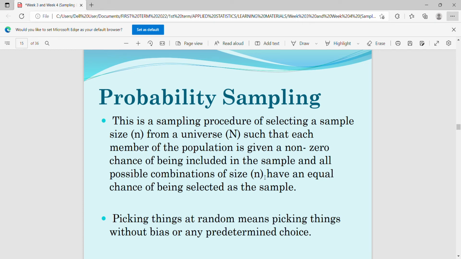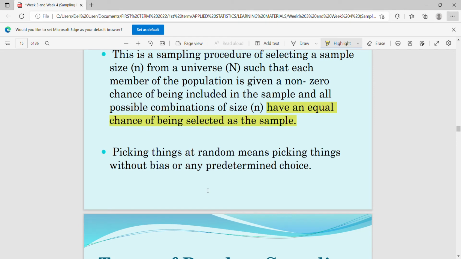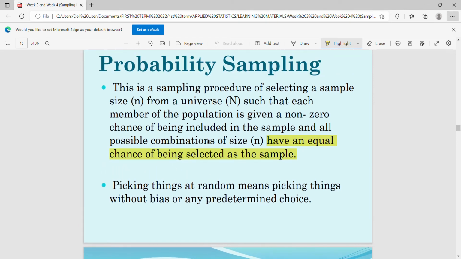So the key idea here is they all have a chance of being selected. Probability sampling means picking things at random, without bias or any predetermined choice.